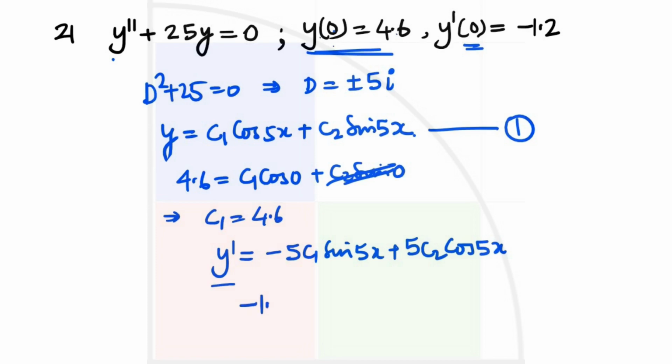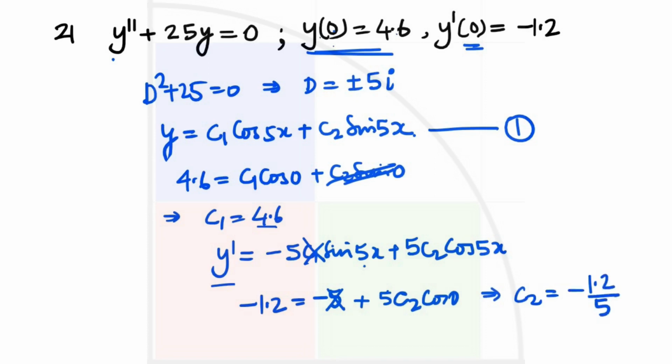So we can substitute: minus 1.2 is equal to minus 5c1 sin 0 plus 5c2 cos 0. Since sin 0 is 0, there is no need of computing that term at all, so we directly keep 5c2 is equal to minus 1.2, as cos 0 is 1. So the value of c2 will be minus 1.2 divided by 5, so c2 will be minus 0.24.